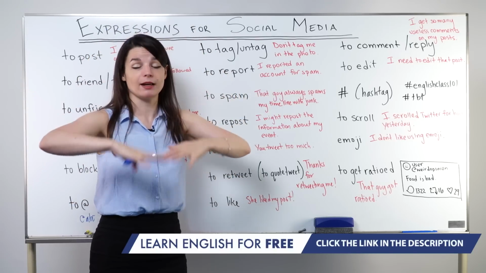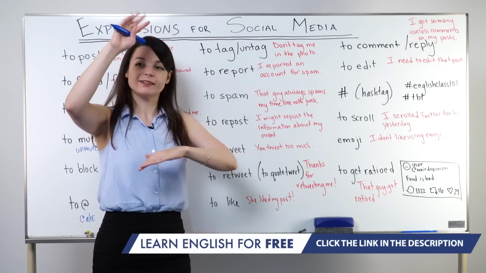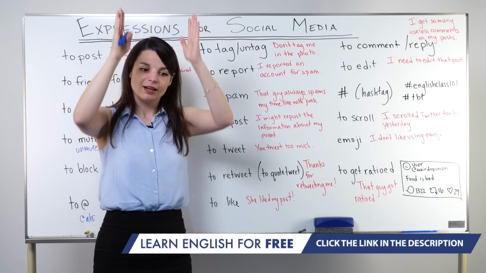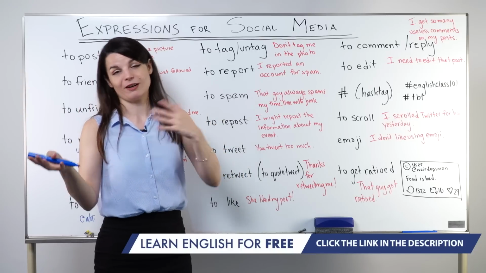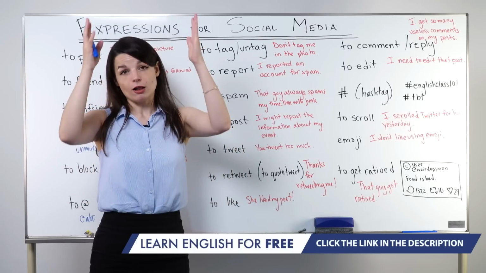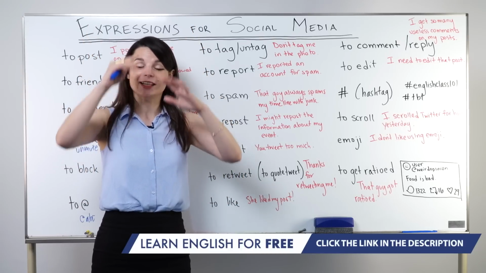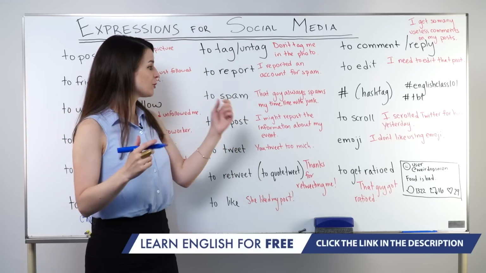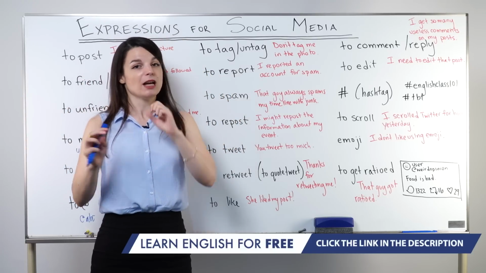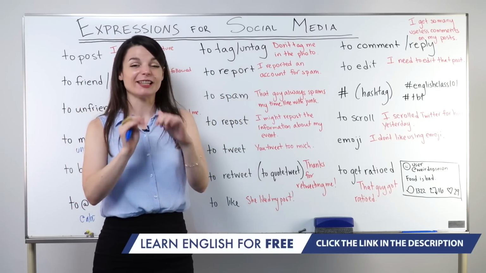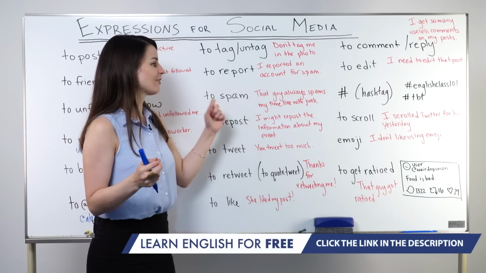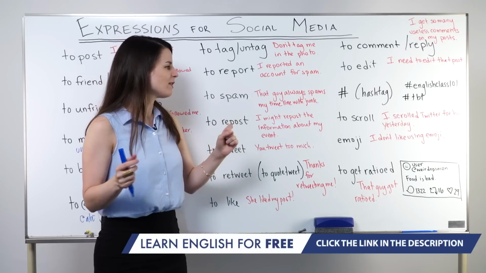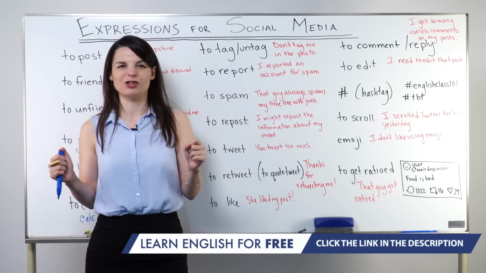We're spamming someone's timeline. The timeline is that row of updates that you see when you enter Facebook or Instagram or Twitter. All of the updates that you can look at, that's called the timeline. So to spam someone's timeline means to share a lot of stuff at the same time. It's generally a negative thing. For example, that guy always spams my timeline with junk.